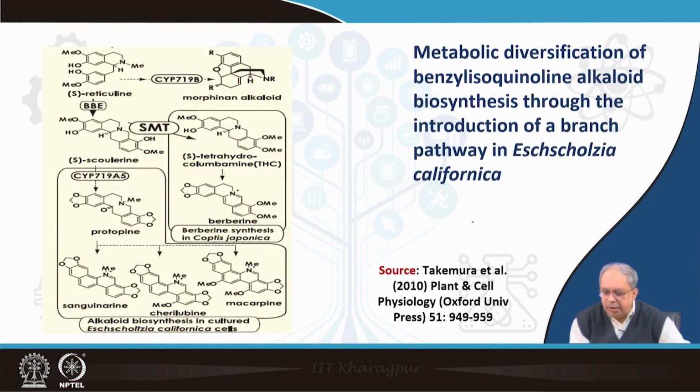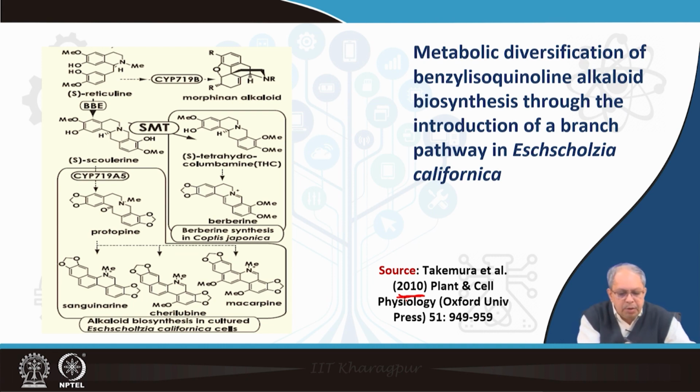And much later this group revisited the experiment once again, and with the availability of sensitive detection limits, they characterized those unknown peaks which they found in 2001. In 2010, when they repeated the experiment, that means they expressed the Coptis SMT in Eschscholzia, and that leads to formation of new compounds, which I am coming to in the next slide.